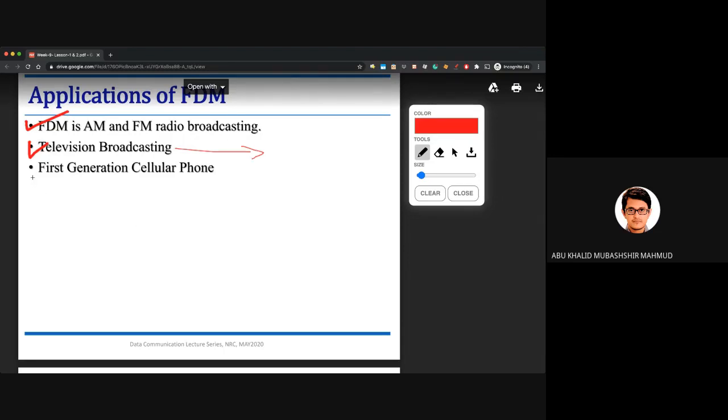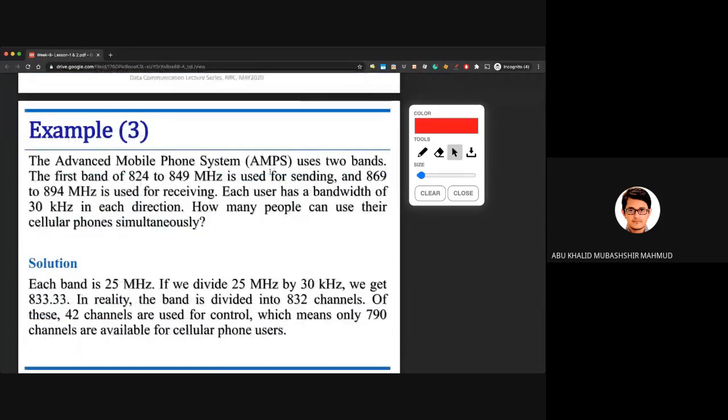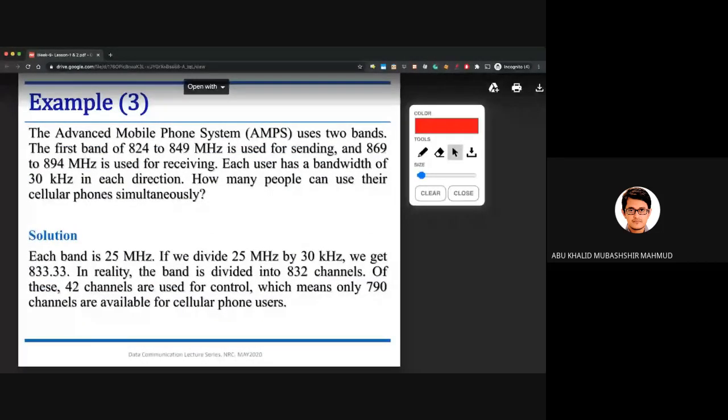And it was used in the first generation cellular phone, so it was very important at that time. The smartphones we use right now barely resemble the first generation of cellular phone.